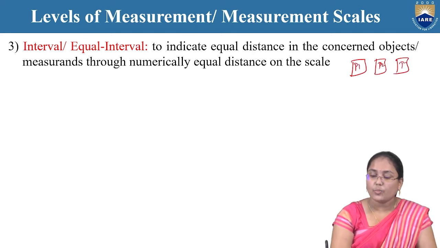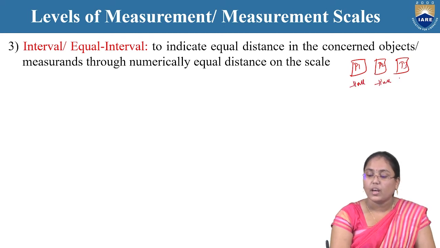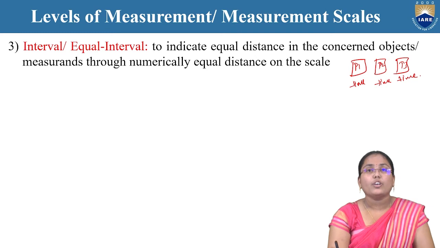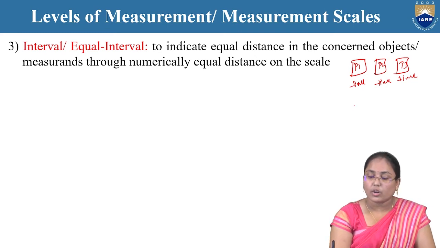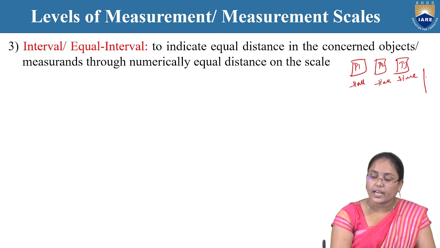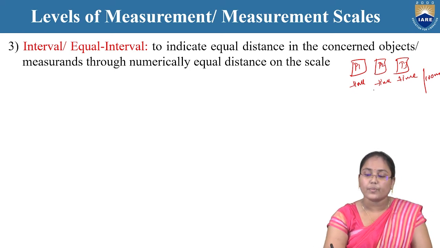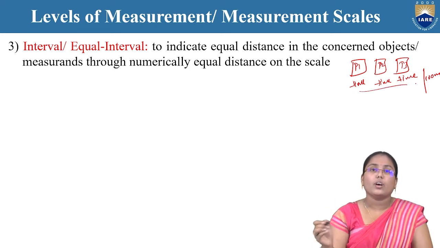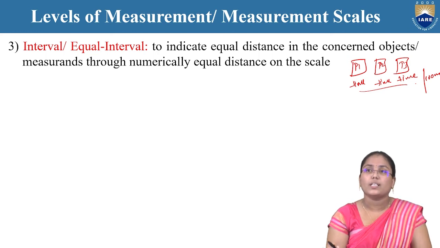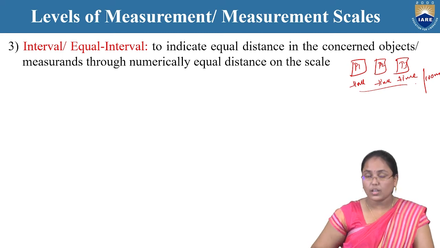How much time is each player taking to cross a particular length, say 100 meters? How much time is player 1 taking, player 2, player 3? This type of measurement is nothing but interval or equal interval measurement.